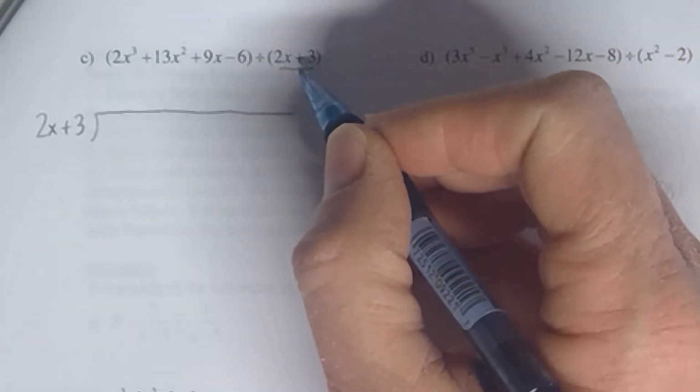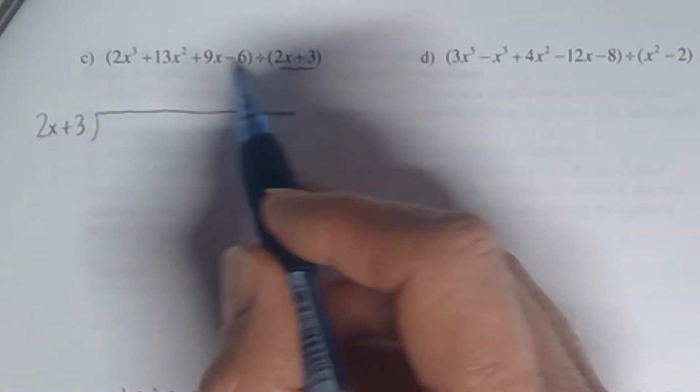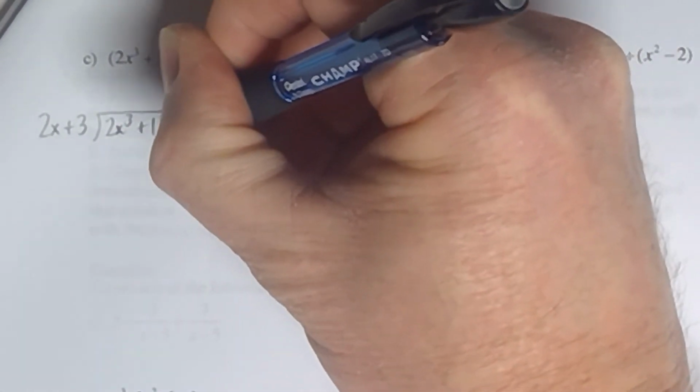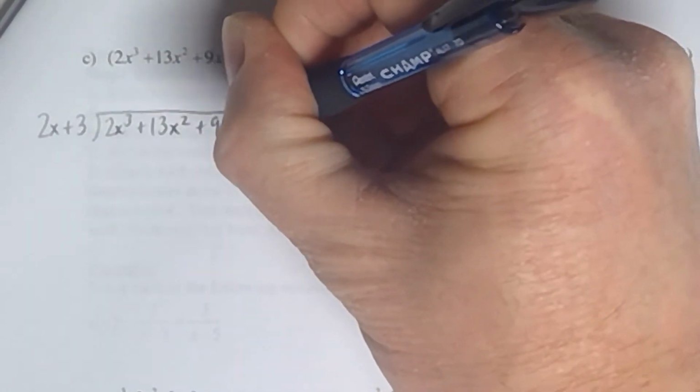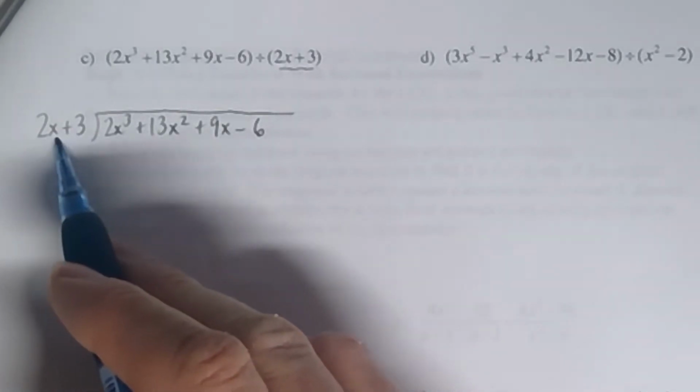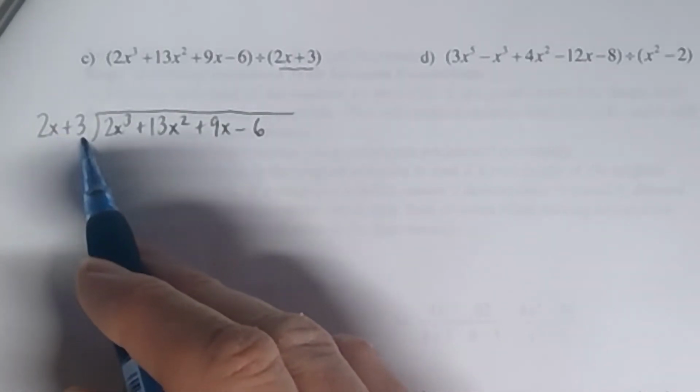So we put the thing we're dividing by on the outside. The thing we're dividing into goes on the inside of the division bar. Make sure, by the way, and this problem is already set up nicely for us in this regard, that the terms are in descending order from highest exponent down to lowest exponent.